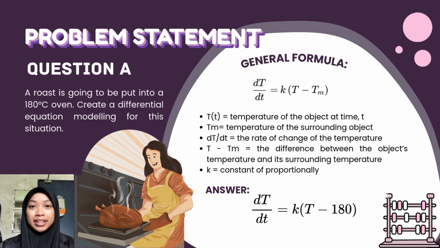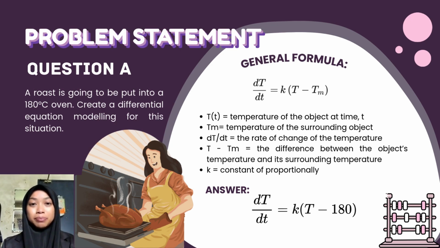As we know, the general formula for Newton's law of heating and cooling is dT over dt equals K multiplied by T minus Tm, where T is the temperature of the object at time t, Tm is the temperature of the surrounding, dT over dt is the rate of change of the temperature, T minus Tm is the difference between the object temperature and its surrounding temperature, and lastly K is the constant of proportionality.